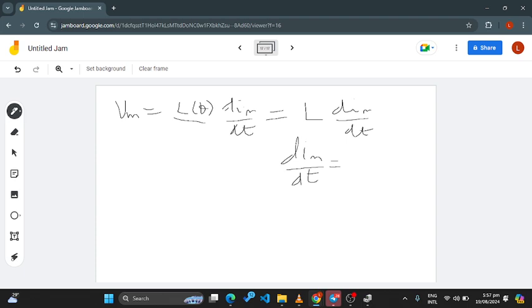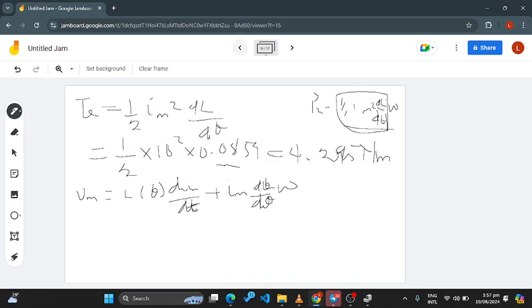So I can rewrite this as dim d theta times d theta dt, right?